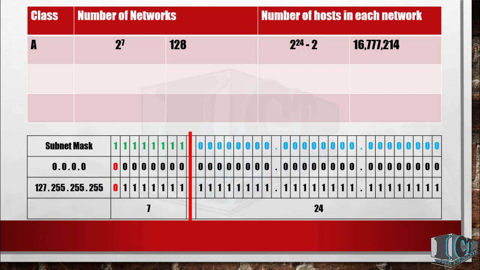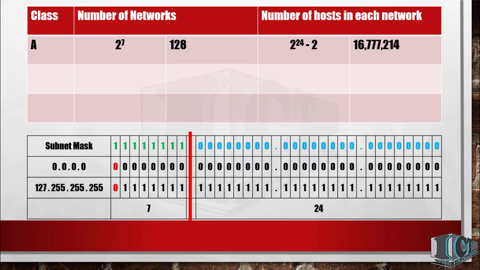But we know, according to the binary notation, the first bit of class A is always a 0. So we eliminate that part and take the rest of the ones when we are calculating the number of networks. So the number of network bits here will now be 7 and the number of host bits will be 24.